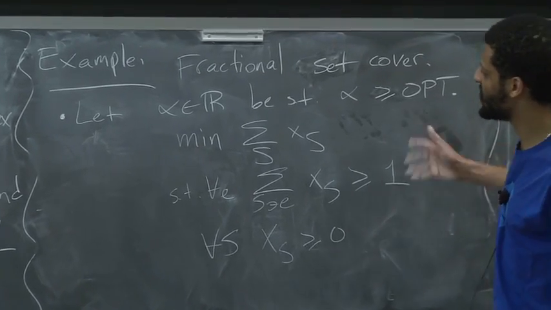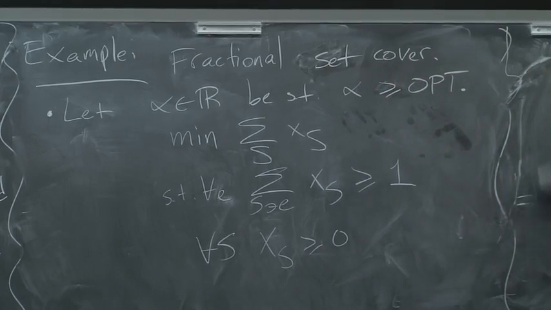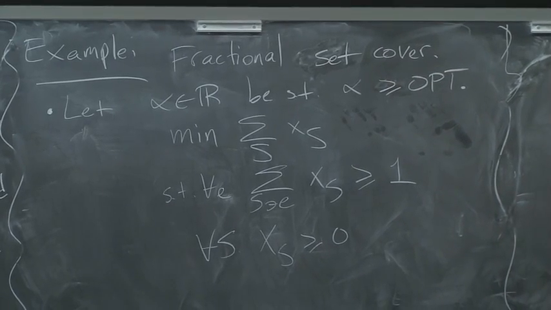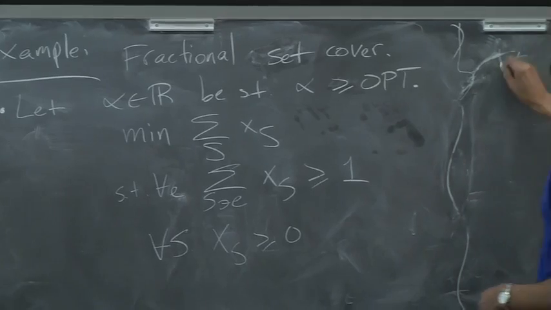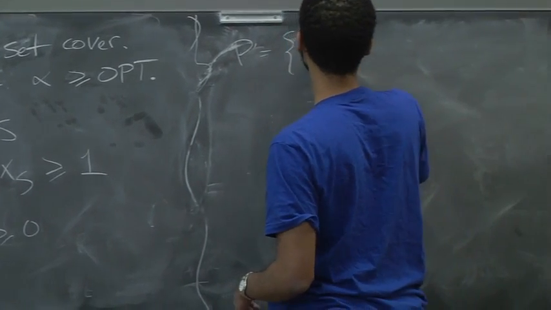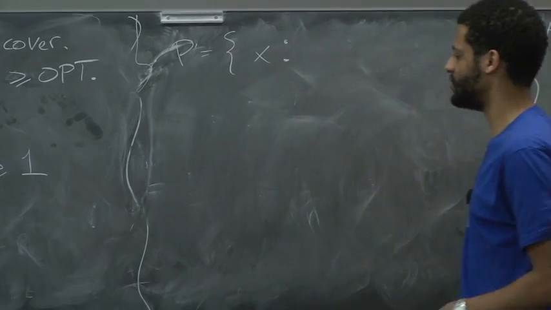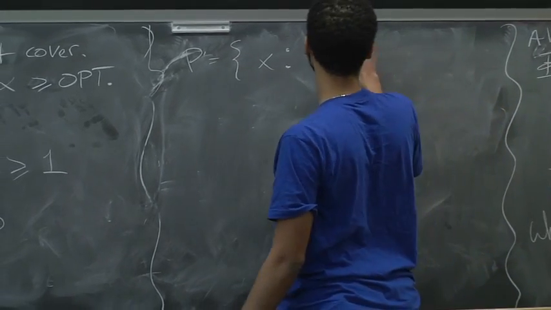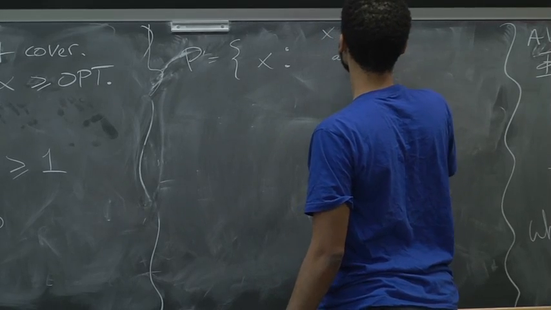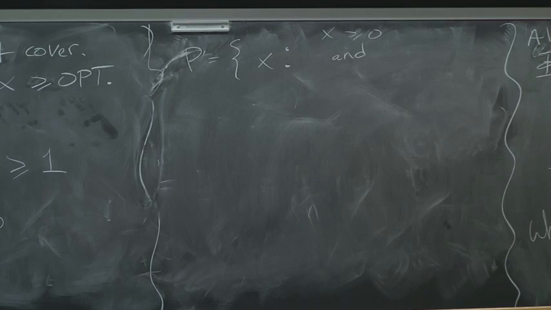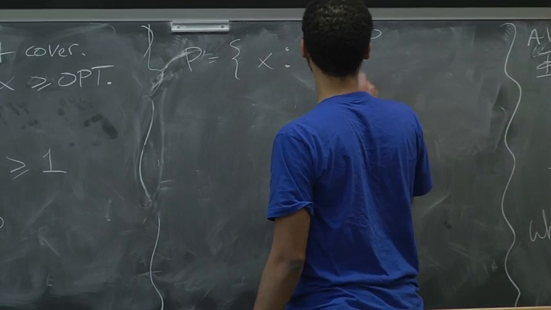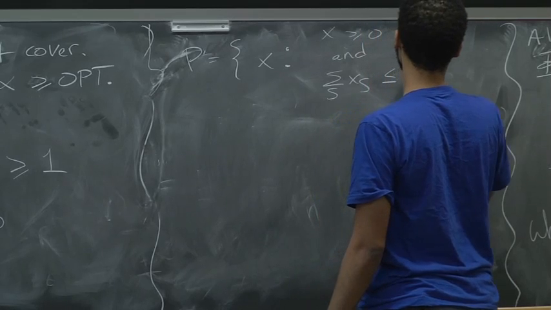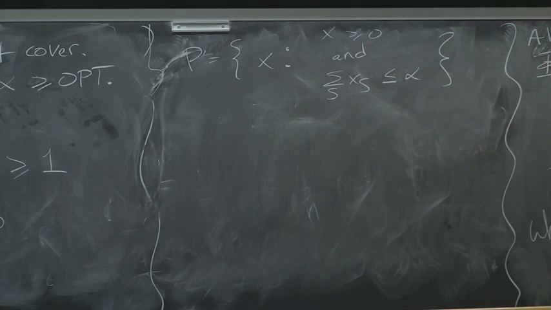And then you would set P. I mean, I didn't tell you what you really need from P, but you would set P as the set of x's such that, let's say, x is at least 0, and the sum over s of xs is at most alpha.